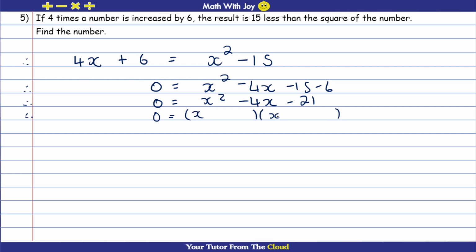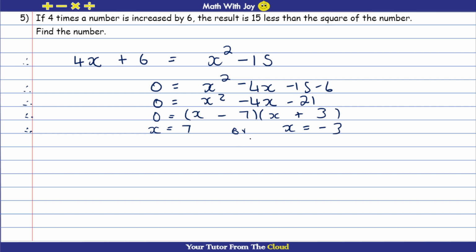I have an x, I have an x, I need a minus and a plus. I think it will be a 7 and a 3. 7 times 3 is 21. When they subtract, they will give you minus 4. Right, so that's what we have, guys, over there. So that means that x could be positive 7 or x could be negative 3.